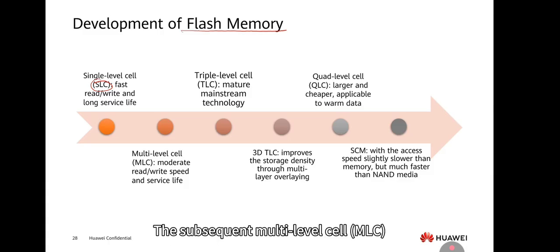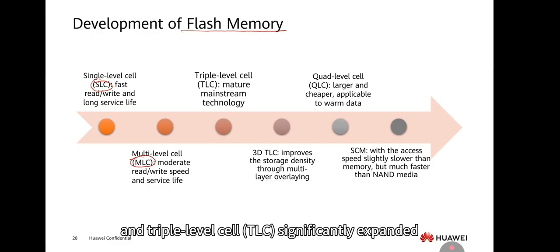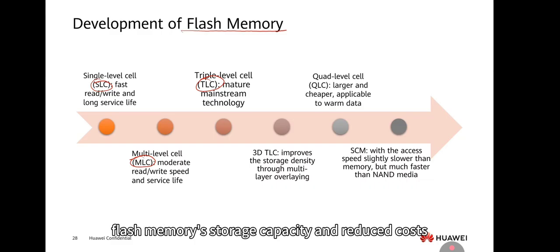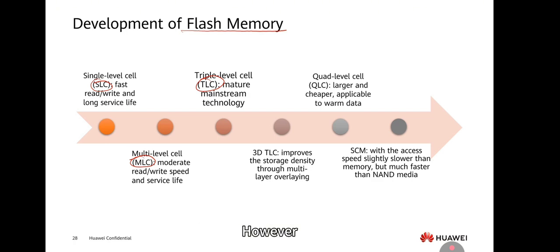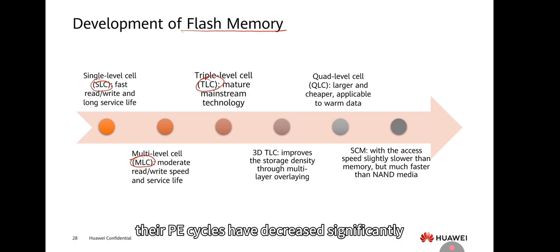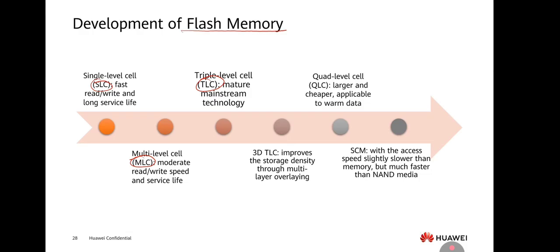The subsequent multi-level cell (MLC) and triple-level cell (TLC) significantly expanded flash memory storage capacity and reduced costs. However, their PE cycles have decreased significantly, which limits their use in high write load scenarios.